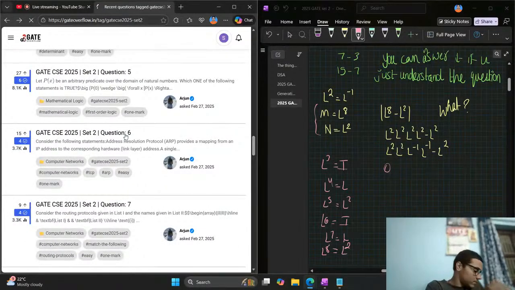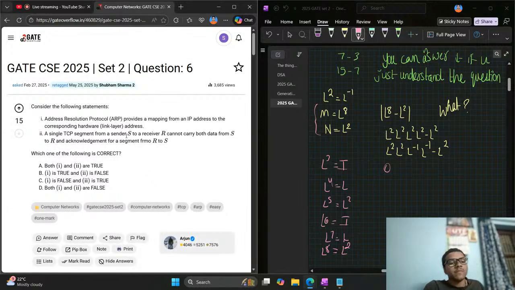And what is the sixth one? Address resolution protocol provides a mapping from an IP address to the corresponding hardware. I don't know that. A single TCP segment from sender to receiver cannot carry both data from S to R and acknowledgement segment from R to S. Okay, I have studied about this acknowledgement.